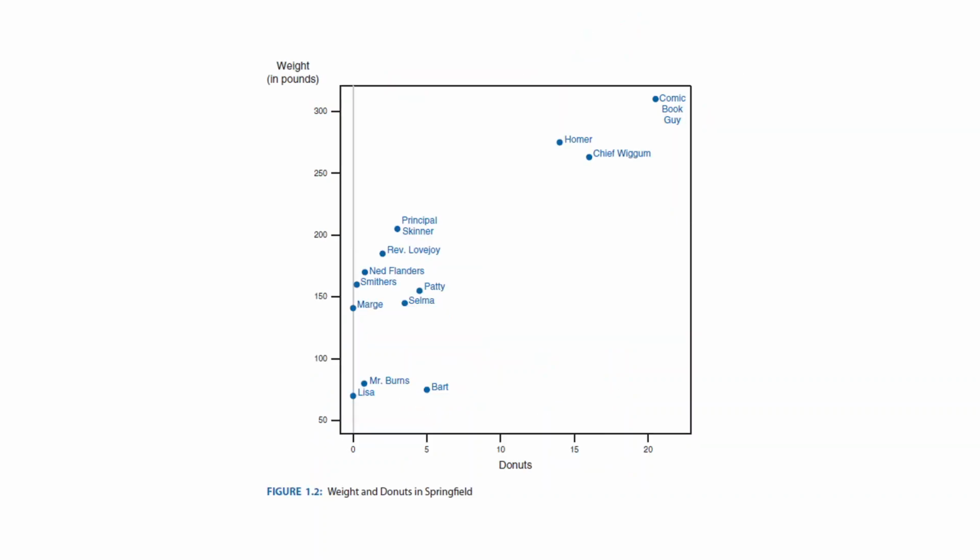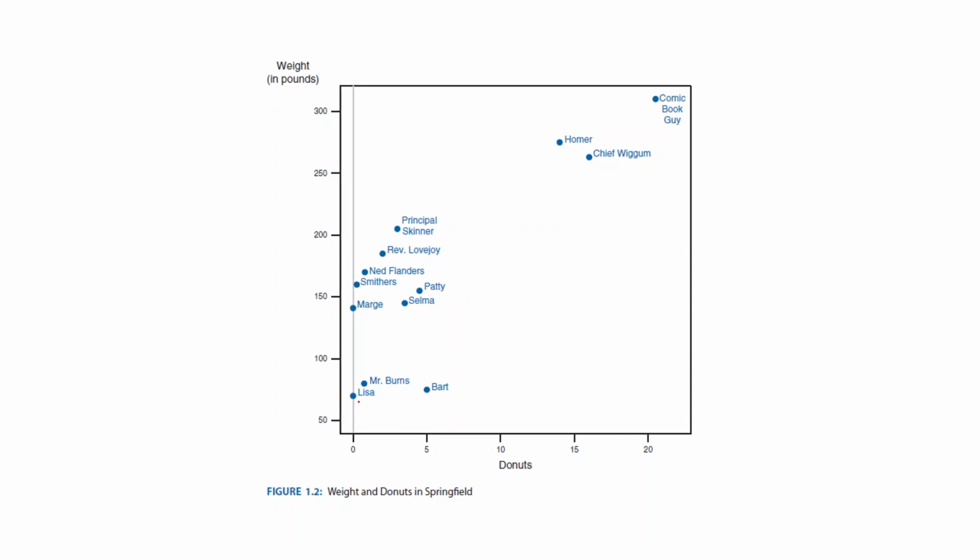Okay. Now, if we plot a scatter plot of this data, what is a scatter plot? In a scatter plot, you have two quantitative variables on the x-axis and y-axis. Here it's donut consumption on the x-axis, the number of donuts per week that the person is consuming, and his or her weight in pounds on the y-axis.